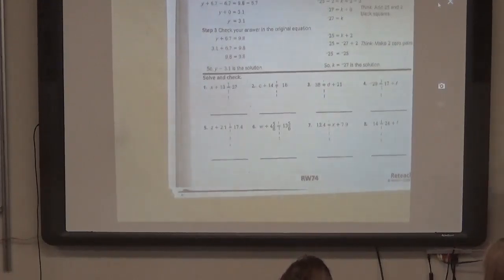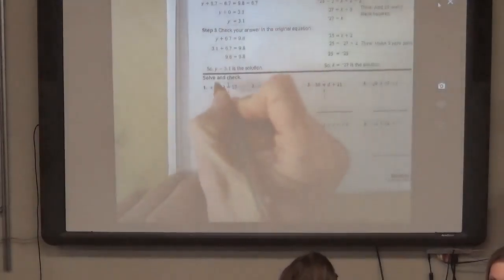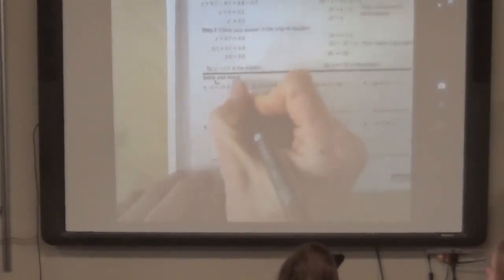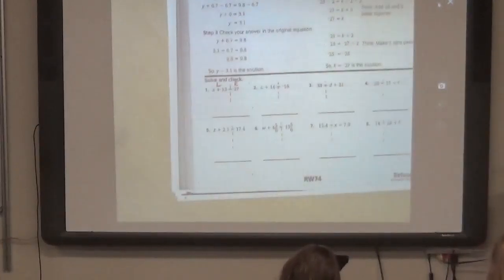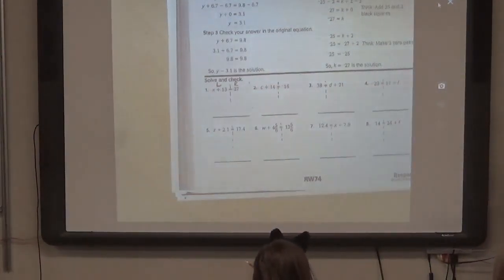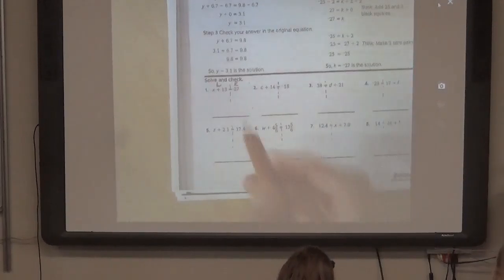No, let's do number one together and see if you start to see the pattern. Okay? So, on the left side, you have the x and you have 13. On the right side, you have 27. When you're solving it, you always start on the side with the variable. Everyone? You okay? You always start on the side with the variable.